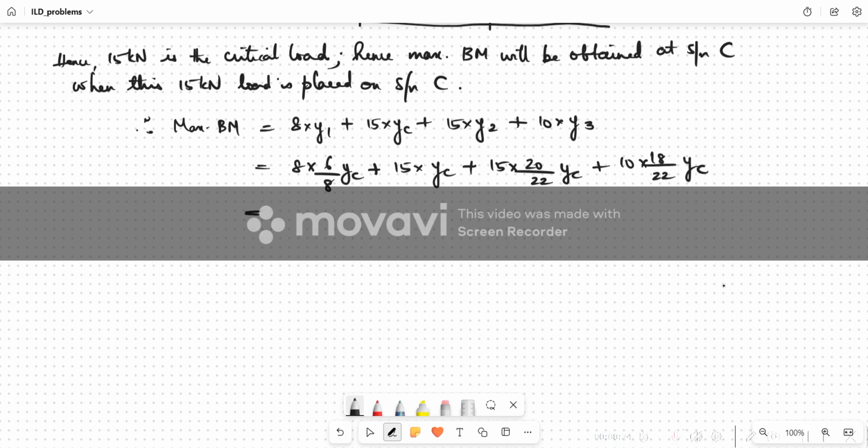Please check those values. I hope you know how to find those. You will get this simplified: 35.199 plus 87.999 plus 79.999 plus 47.999, giving a total of 251.19 kilonewton meter. So this is the maximum bending moment at section C. I hope it's clear.